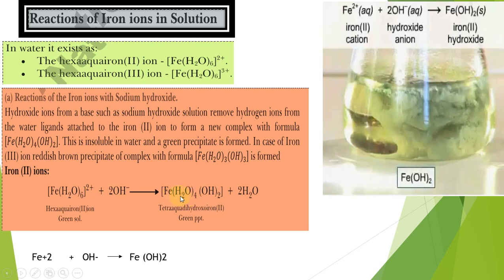In this complex, water is attached with iron, but along with water, the OH ion is attached with the iron to produce a greenish precipitate. This is the precipitate of hydroxide. We simply let the Fe ion react with OH ion to produce Fe(OH)2.